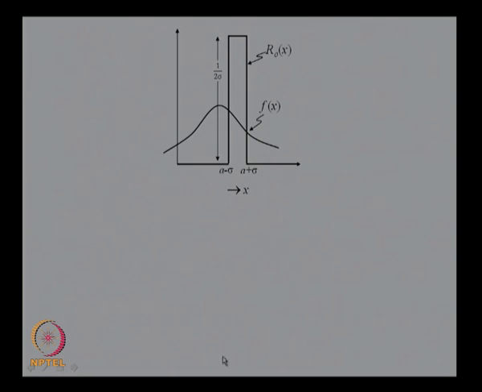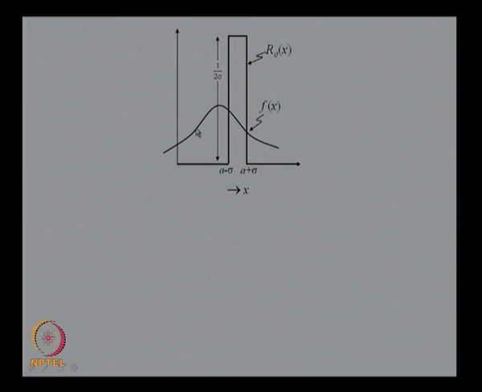So, let me consider r sigma of x when sigma is small, so that it is very tall and the width is very small. I multiply this function by an arbitrary function of x.